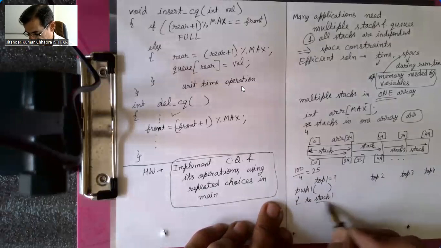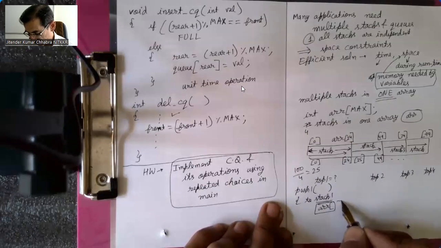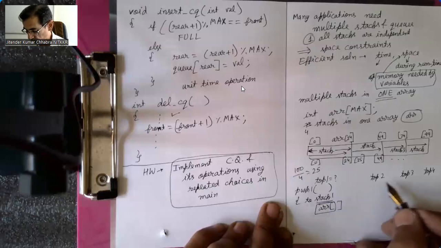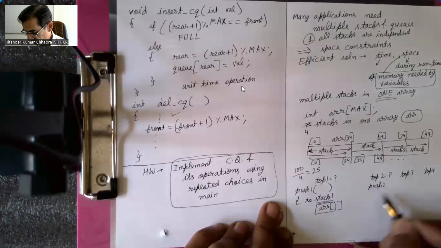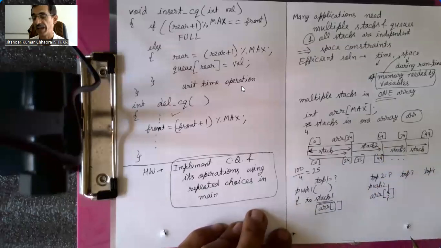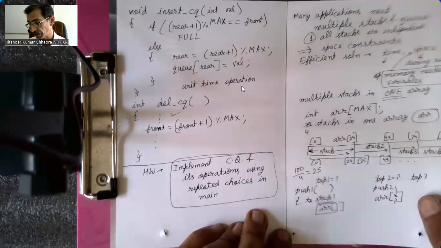Stack 1 effectively means into the same variable ARR, but at different locations. Top2 also to be given some value, but push2 will be storing into stack 2 at a different address. So all that we have to make. So let's see how it will happen.